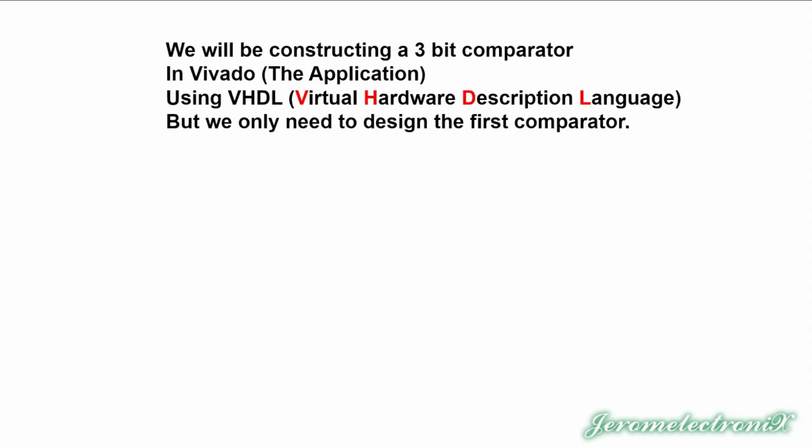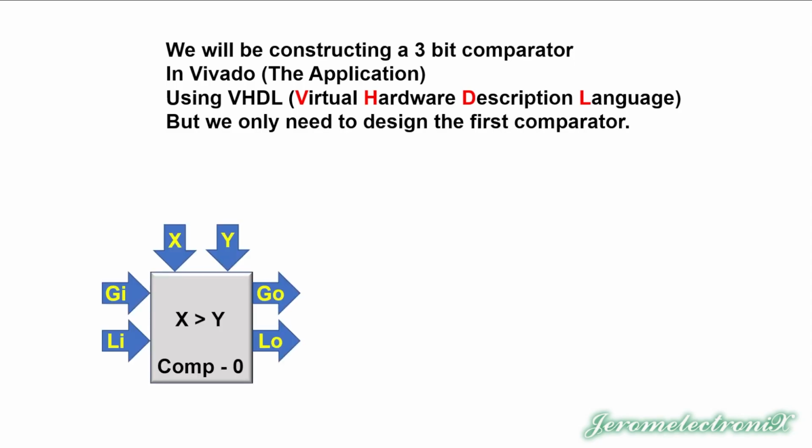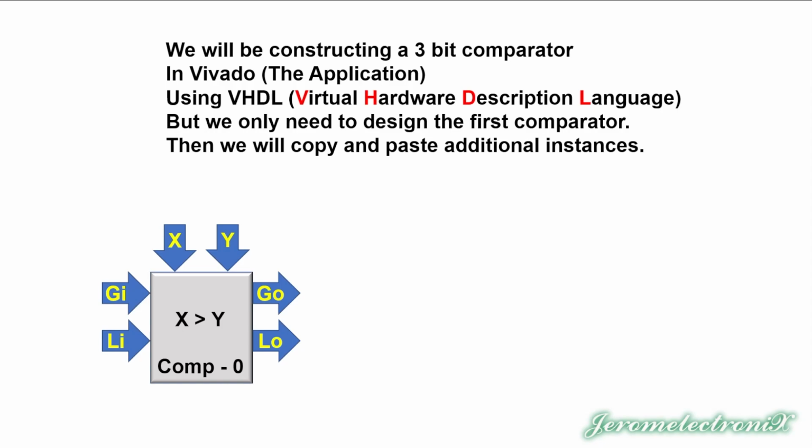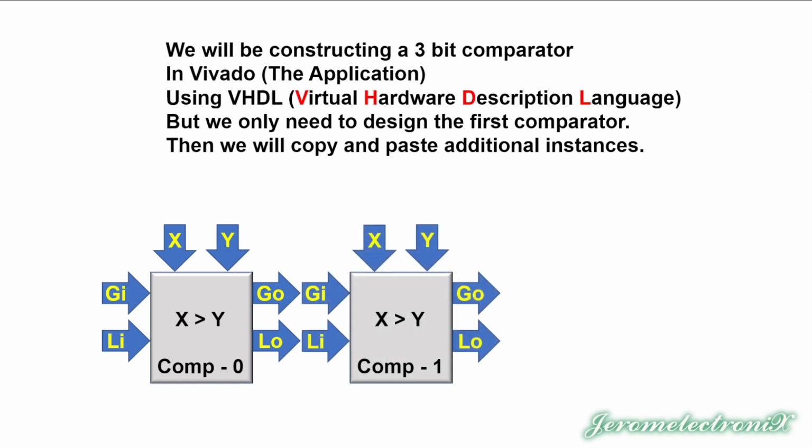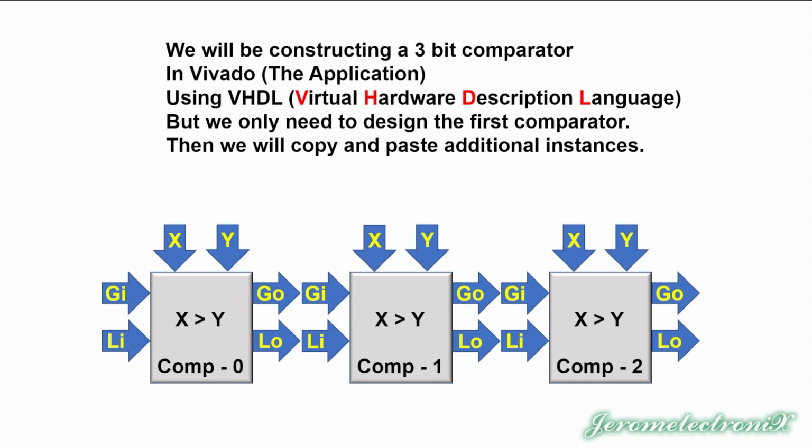And we will only need to build the first comparator first, and then we'll be able to copy and paste that to make additional instantiations or instances of the original comparator. We could do 8 of them if we wanted to do a whole byte, but when we're done, we will have actually just made a comparator that can compare 3-digit numbers, and you just keep adding comparators if you need an 8-bit.